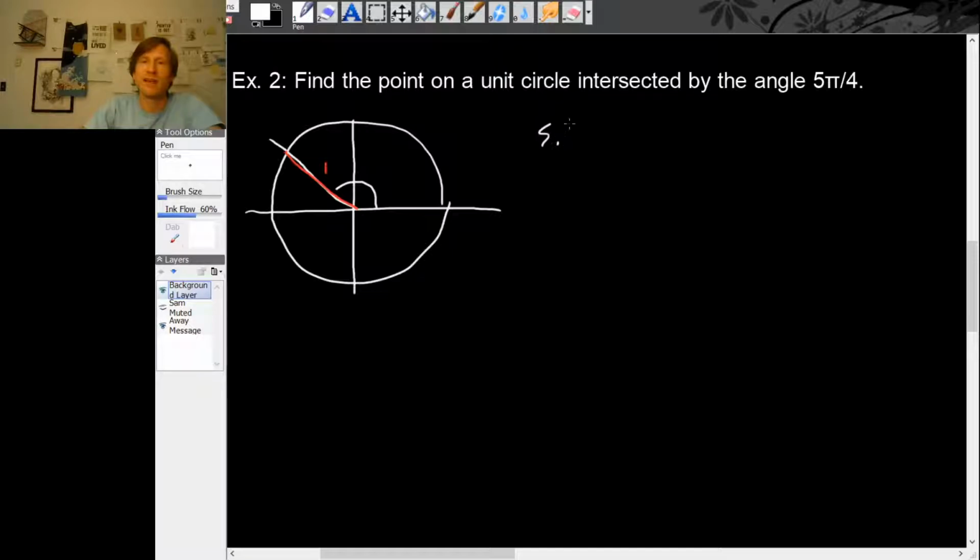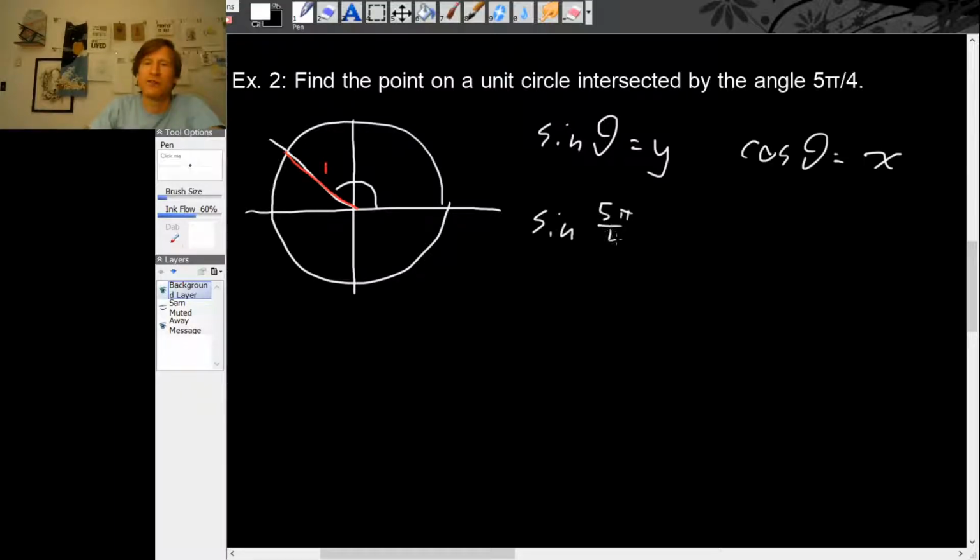Well, just like in the last example, in a unit circle, sine is just y, and cosine is just x. So we need to know sine of 5 pi over 4, because that's going to be y, and we need to know cosine of 5 pi over 4, because that's going to be x.